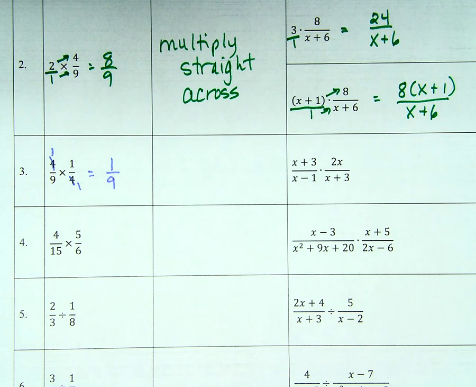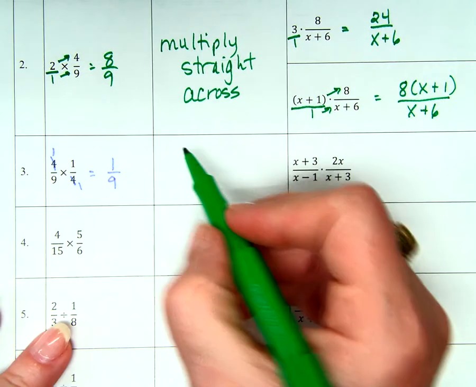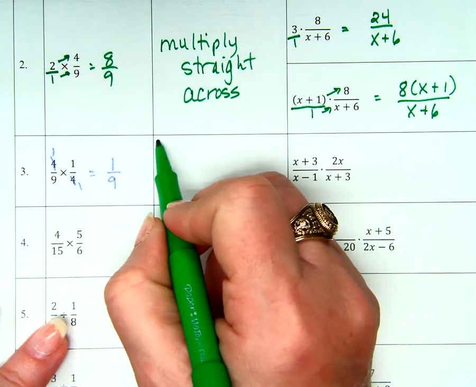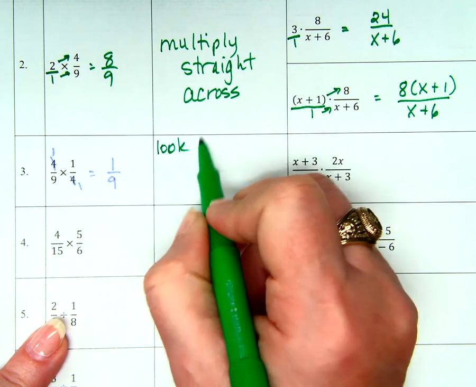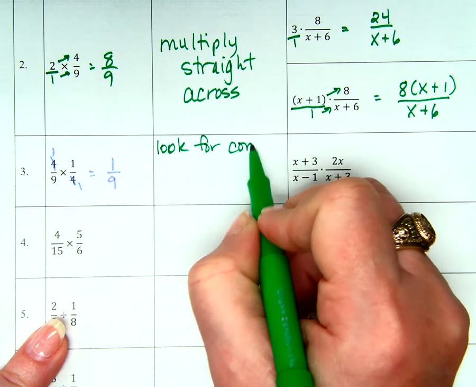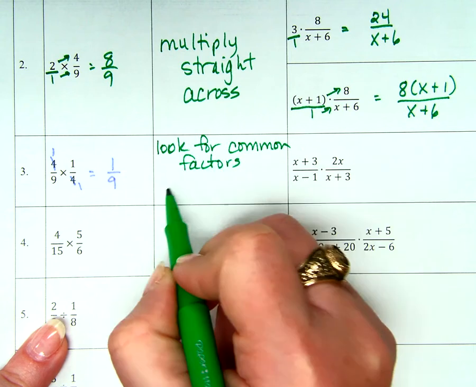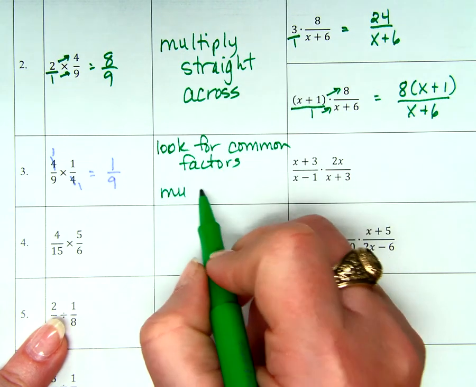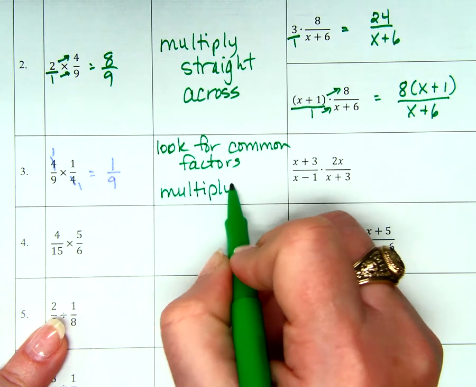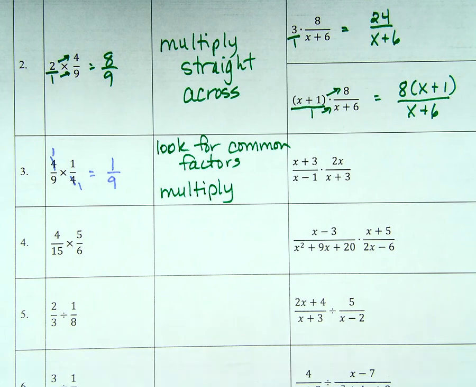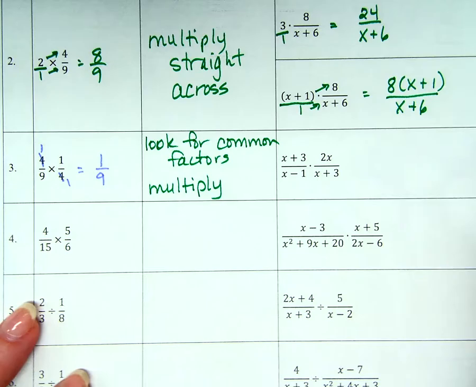Okay? So what did I do? So we want to look for common factors and then multiply like we've been doing. Because if they have common factors, those are things I can simplify, right? So looking at this problem right here, what can I do?